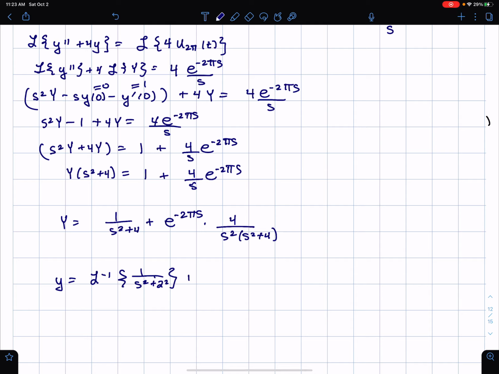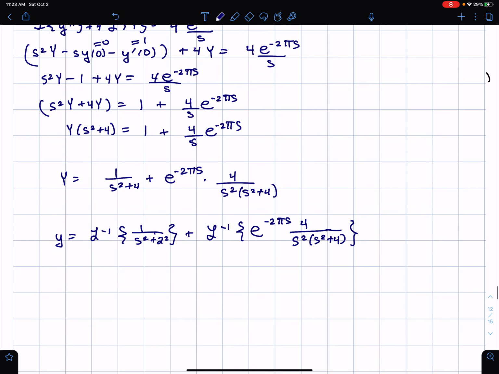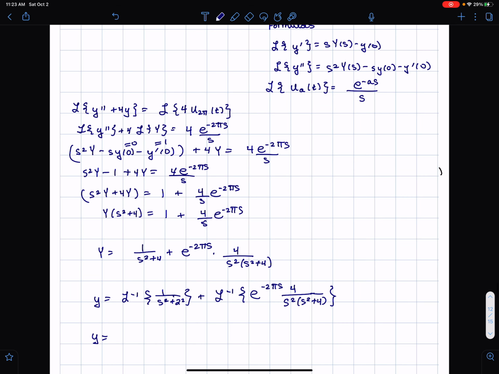Now when I do this Laplace inverse, I want to use yet another formula: the Laplace transform of sine bt is b over s squared plus b squared.